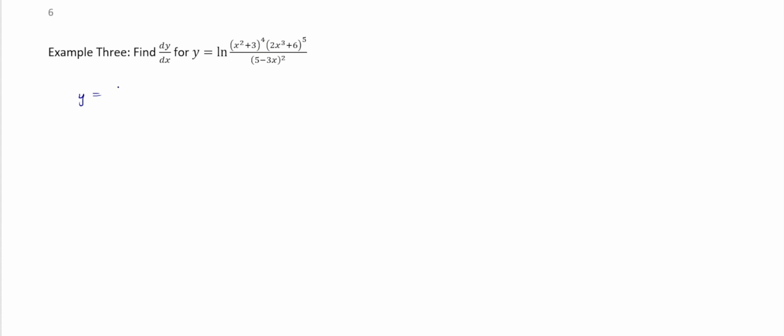So I'm going to say ln (x squared + 3) all raised to the power 4 plus ln (2x cubed + 6) all raised to the power 5. And then I have to recall that when I am dividing, I subtract a logarithm, so minus ln (5 - 3x) all squared. Now I'm going to apply my exponent rules of logarithms, so they're going to become coefficients.